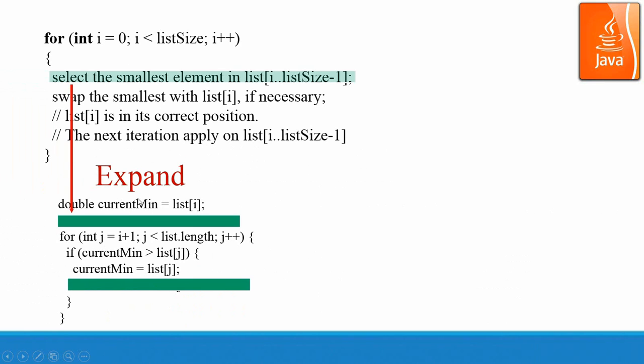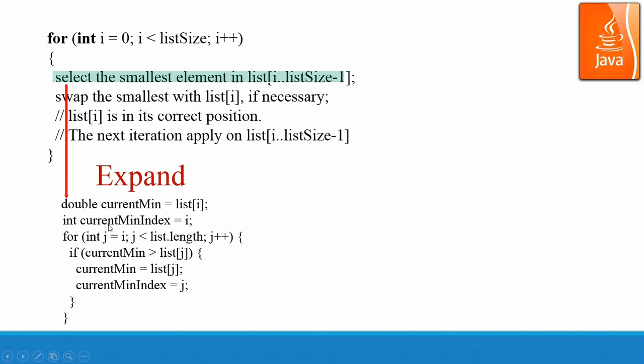So the first step, we expand to finding the minimum. First, we set the head element as the current minimum. Then we traverse through the whole remaining list. If an element is less than the current minimum, then we set the current minimum to that element. And we further expand it so that we also keep track of the minimum index.